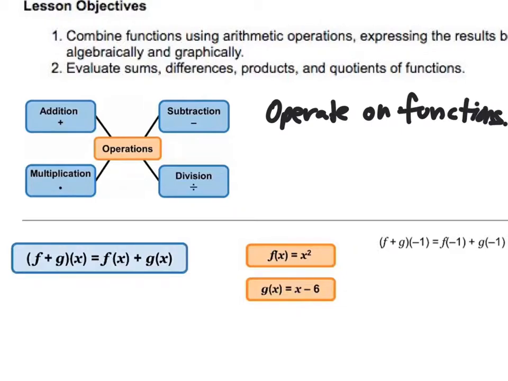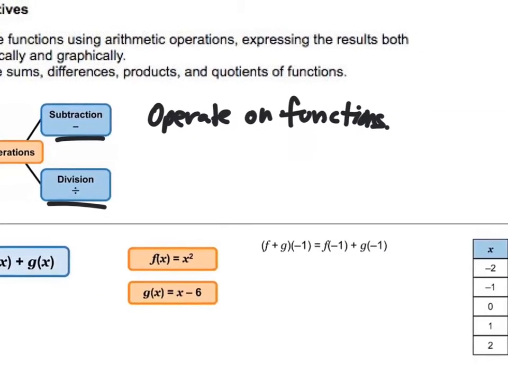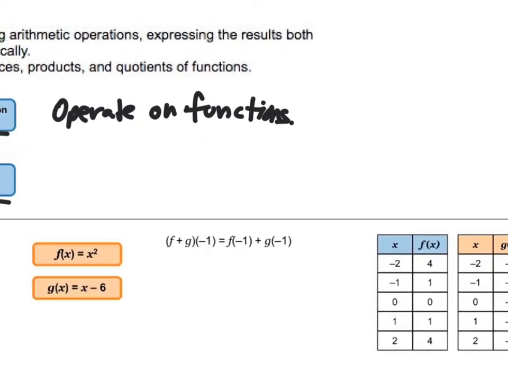We're going to be able to add them, subtract them, multiply, and divide them. And when we operate on functions, it typically gives us new functions.